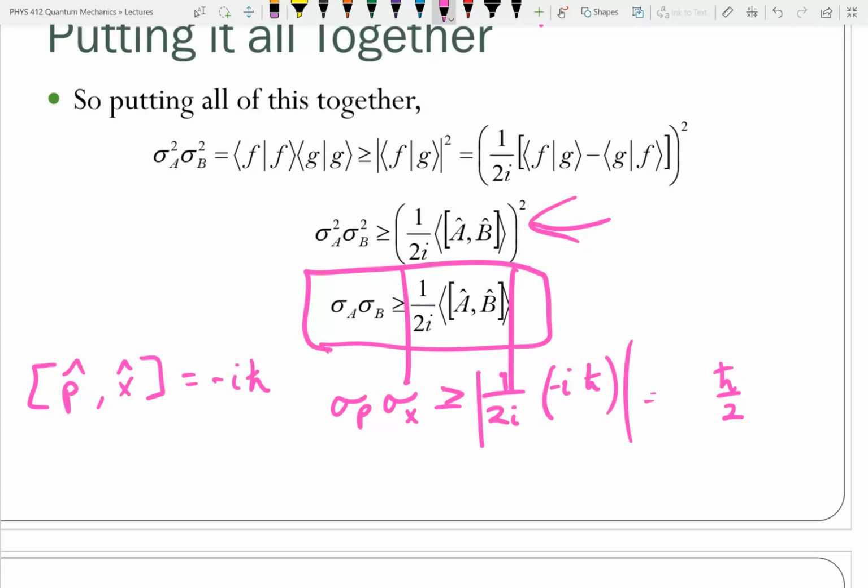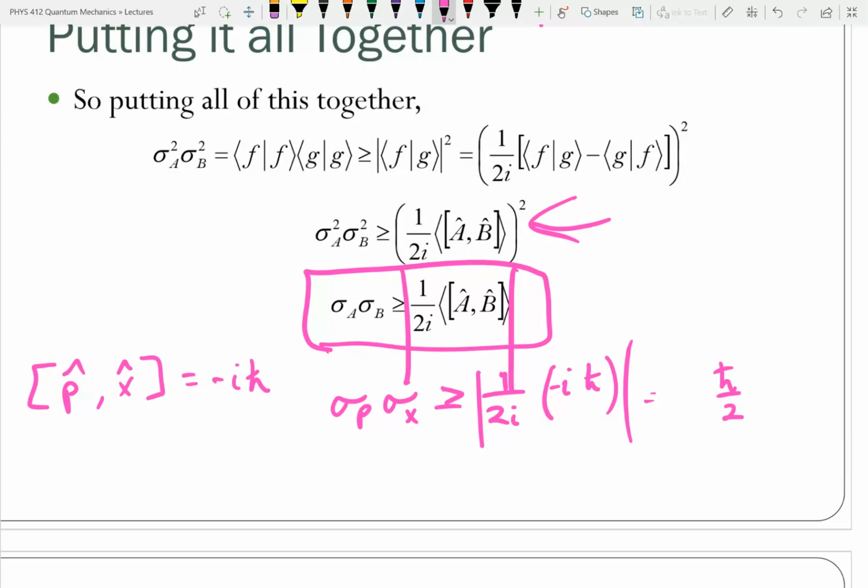Is that the only uncertainty relation possible? No. Any two variables. What's another set of variables that we commonly look at? The Hamiltonian, probably. Well, we commonly look at the uncertainty between energy and time.